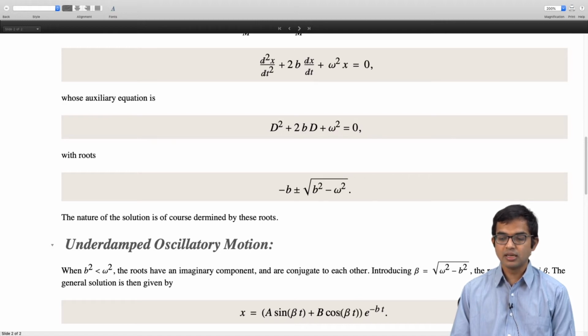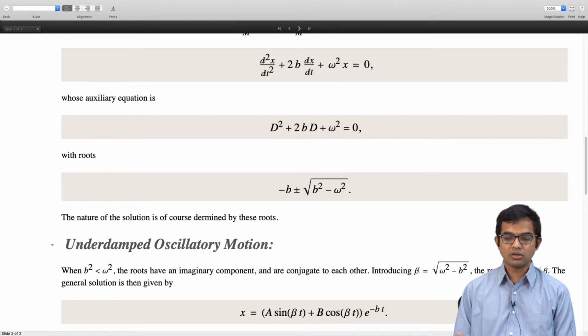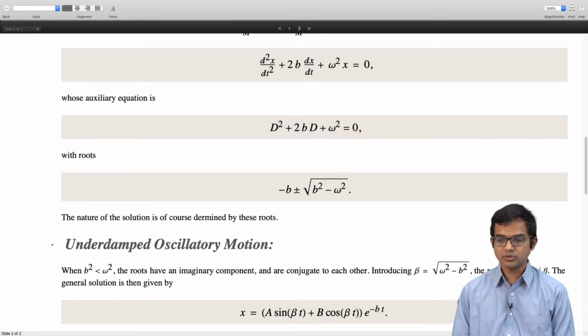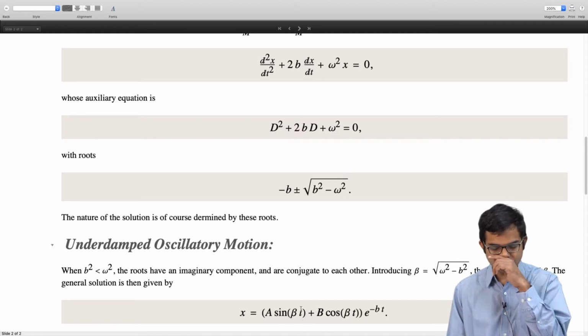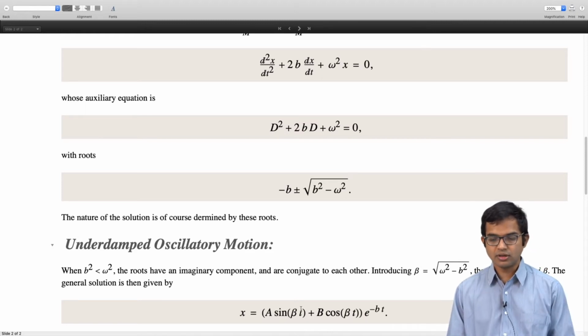So b is real. Since omega squared minus b squared is greater than 0, beta is also completely well defined. It's the square root of a positive number, and a and b are free constants, and there are 2 of these because it's a second order differential equation.